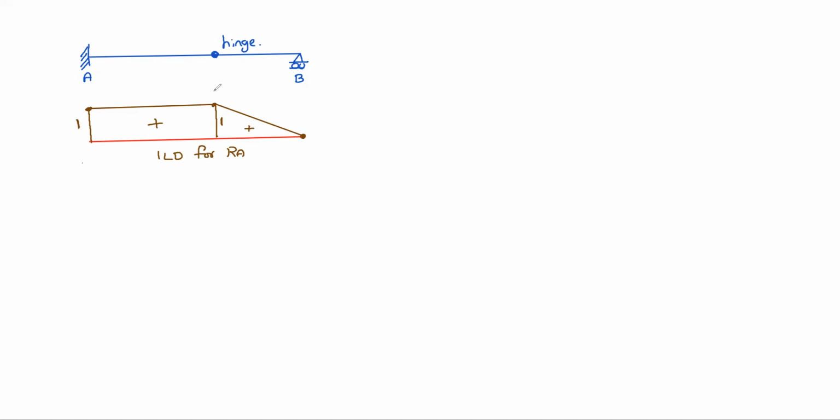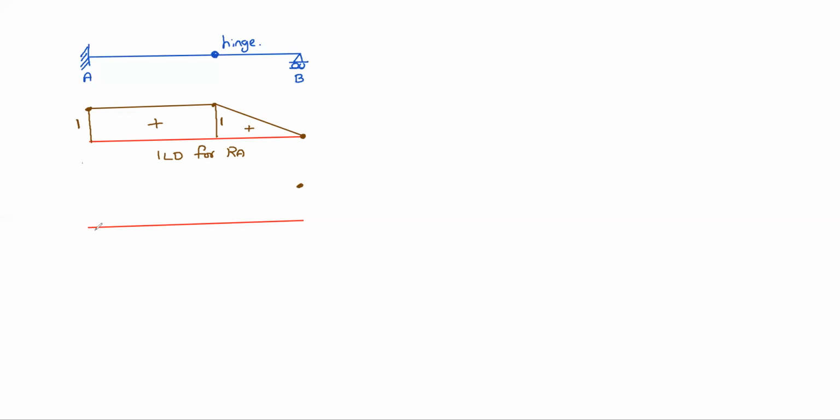Similarly, I will draw ILD for RB also. This is the horizontal line. Next. So I will release at B and I will move that one 1 unit up at B. So this is the point. Then at A, it is fixed only.